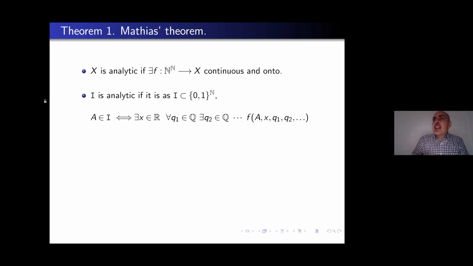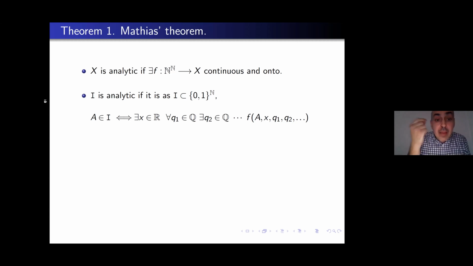Well, the first definition I gave of analytic set is quite convenient, but this is not really the way in which you identify, when you are given an ideal or a family, whether it is analytic or not. What you do is, okay, I give you an ideal and I describe when a set belongs to the ideal. And I try to write this definition in logical terms, analyzing how many quantifiers I need to describe the set.